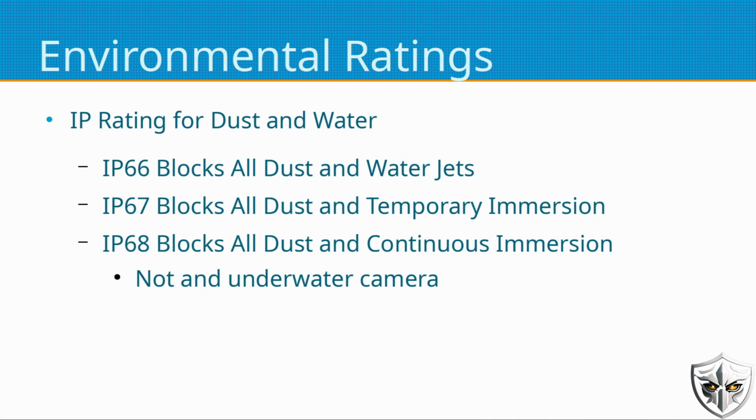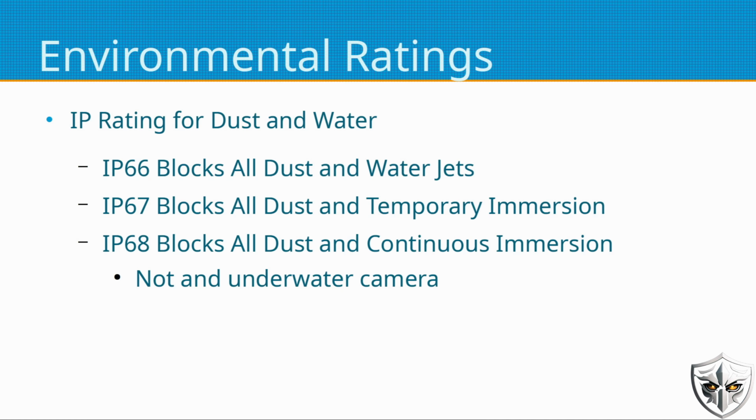So the second number, that 6, is how much water it can block. And so IP66 blocks all dust and water. IP67 blocks all dust and temporary immersion. And IP68 can block all dust and continuous immersion. That does not mean that's an underwater camera. There are underwater cameras.